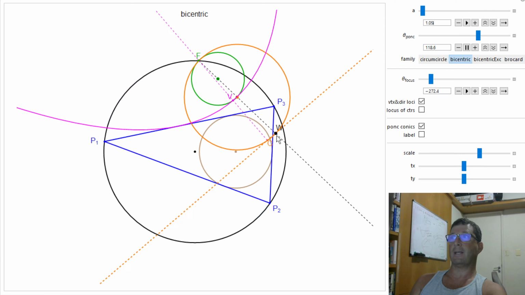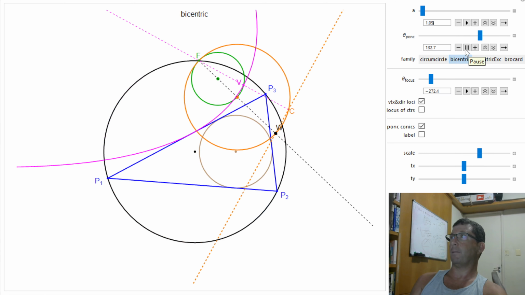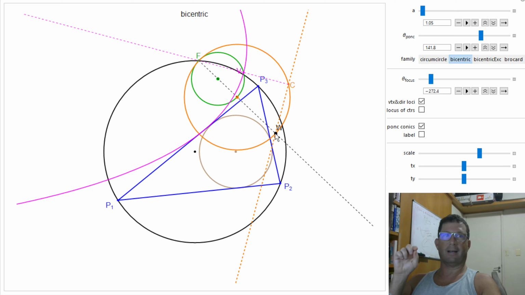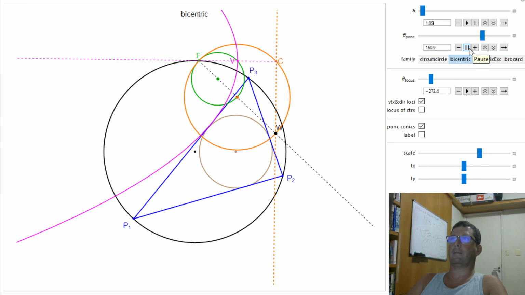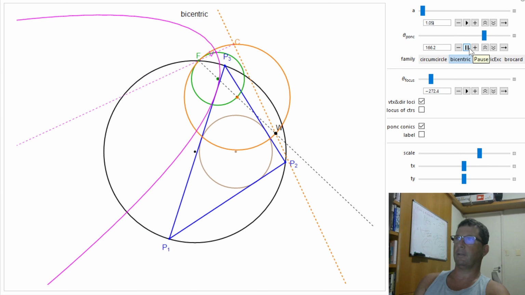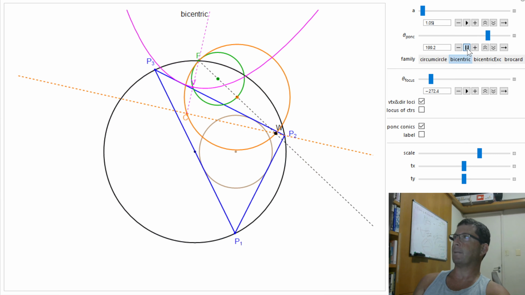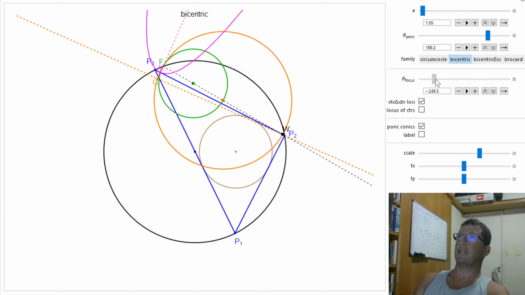And we still have the same phenomenon, that point W, which is simply the reflection of F on the center of the orange locus, so diametrically opposite to F on this orange locus, is still the center of rotation of my directrices as I traverse Poncelet. So that point W is still obeying the same kind of construction rule.